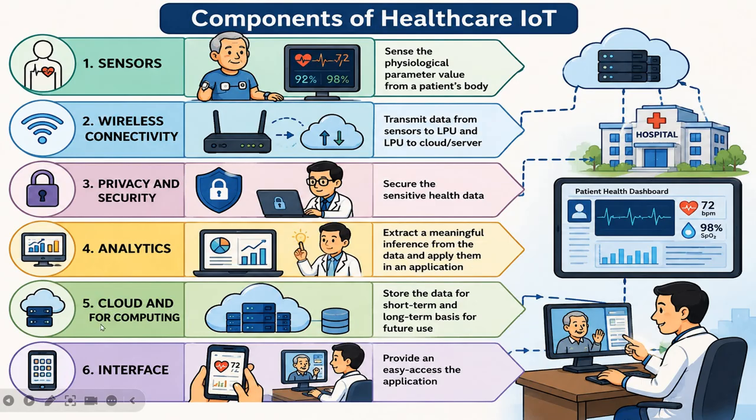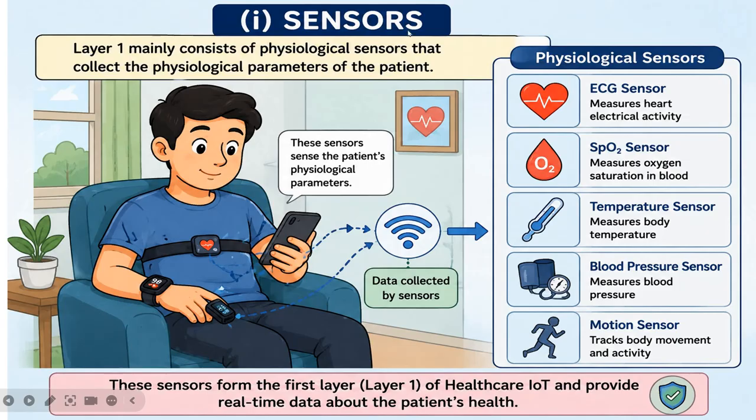Next, you have cloud and fog computing that will store the data on a short-term and long-term basis for future use. Then comes the interface that will provide easy access to the application. So now we'll see all these components one by one in detail.